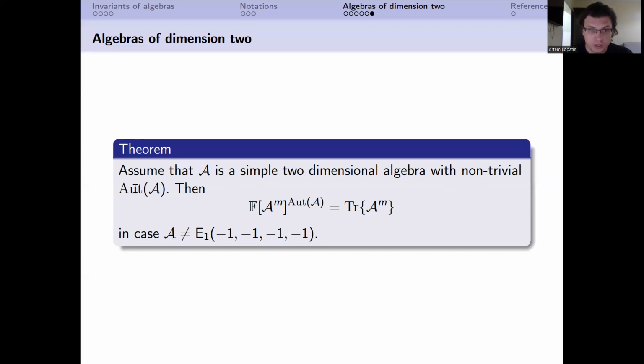If you did consider the case of trivial group of automorphisms, then of course we can find two-dimensional simple algebras where we don't have equality. I know at least two series of such algebras. So yes, we can verify Popov's result in this case. But as I said, we are not very interested in the case where the group of automorphisms is trivial.